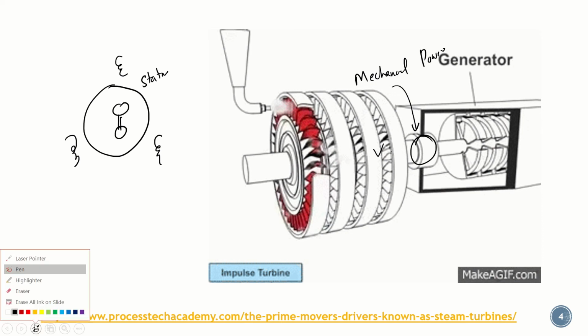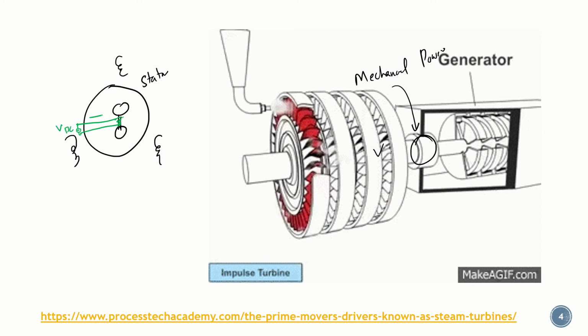And on the rotor we have windings which we call rotor winding or field windings. We supply a DC input here, and due to that current flows here, which we call field current. So when the current flows, we get the rotor magnetic field.